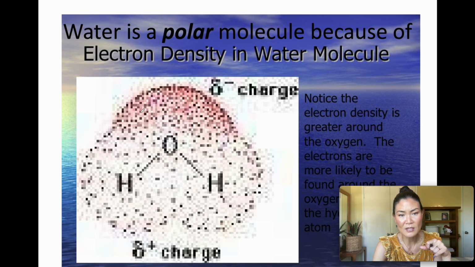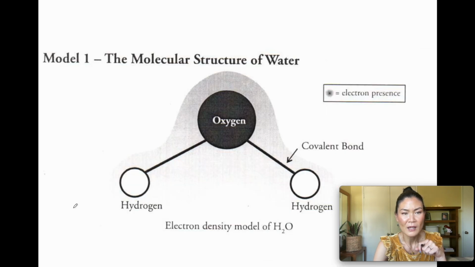And so you can see in this diagram that the density of electrons is much higher over by the oxygen atom than the hydrogen atoms, okay? This is from a POGIL worksheet. It's showing you that the density of electrons is much more dense over by the oxygen than by the hydrogen.